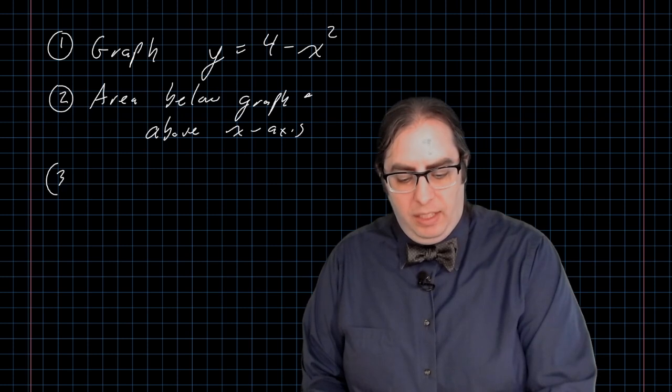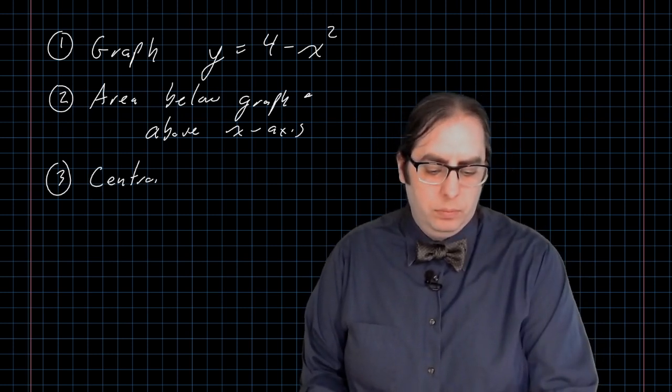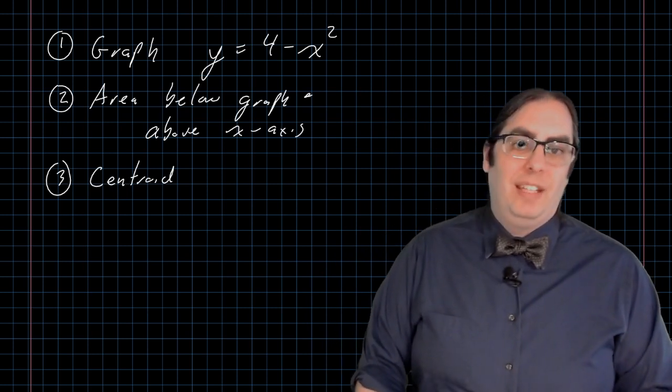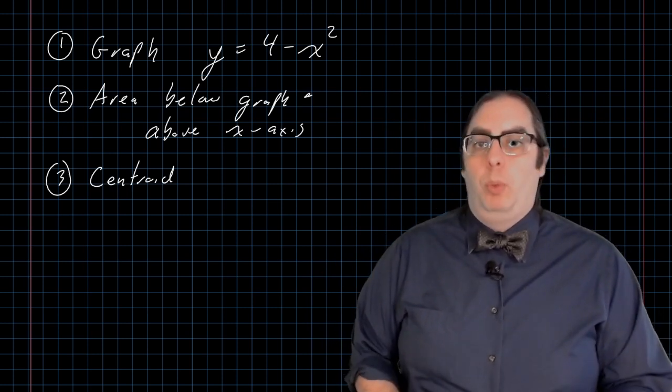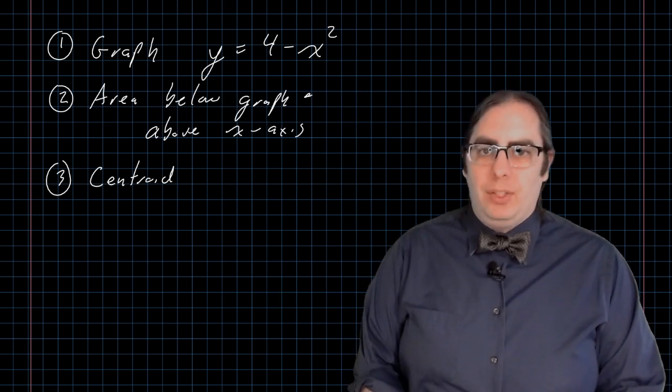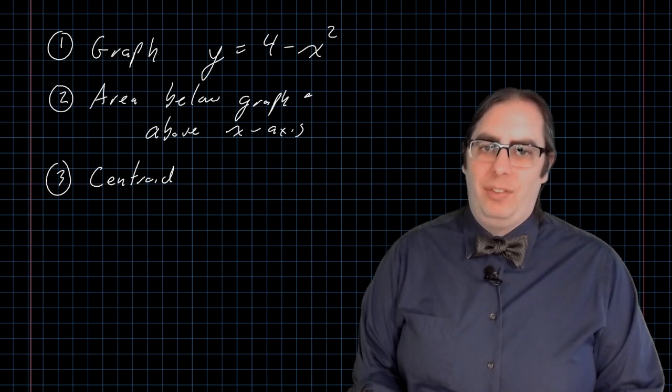And finally, I would like you to locate the centroid of that figure. Use calculus where you need to, avoid calculus where you can. See what you can do with that one, and I'll see you in the next video.